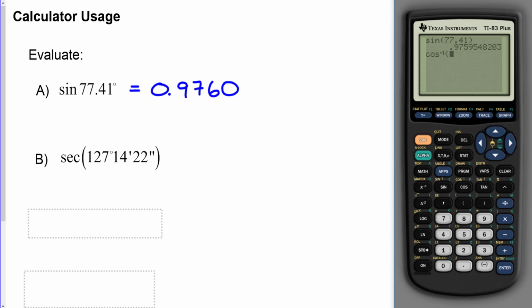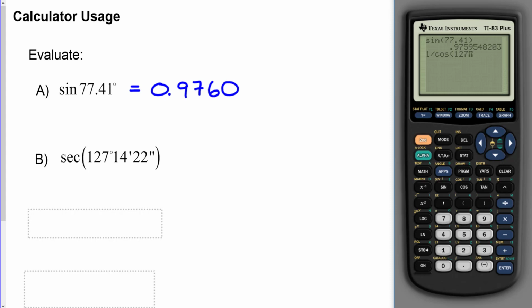So as I was showing you earlier with the functions where you take a ratio of sides and get an angle measure back out. If you want to do secant, you do 1 divided by cosine, and then just type in your angle measure.